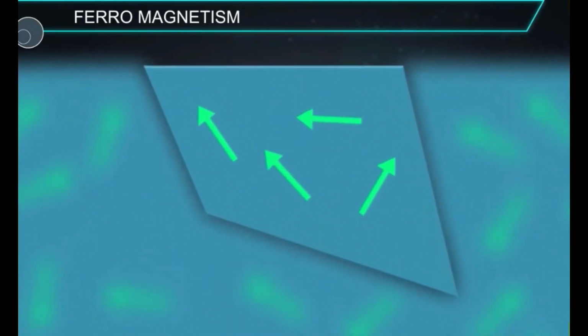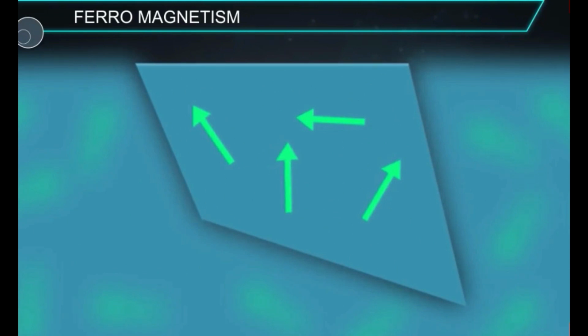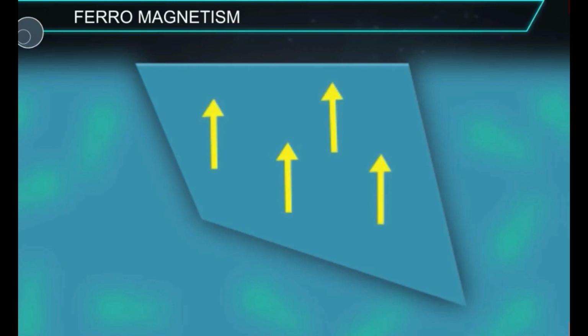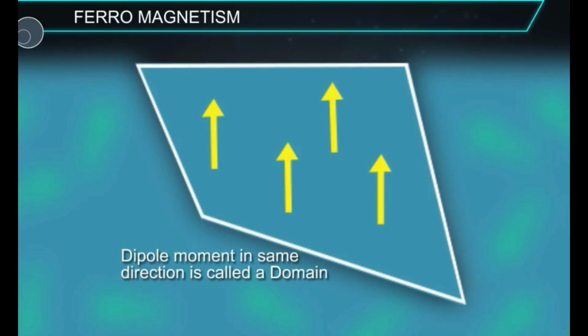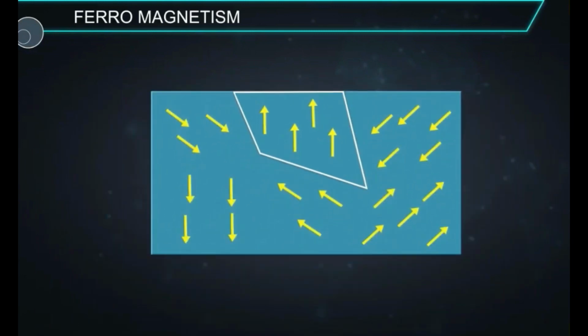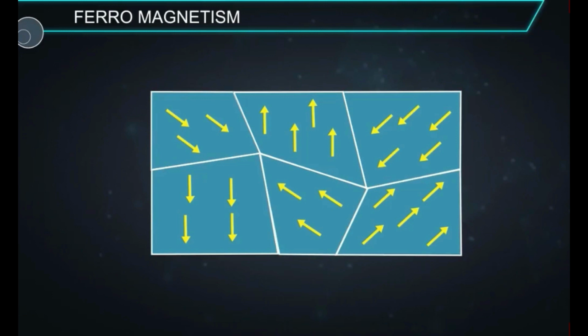The dipole moment of one electron strongly interacts with the dipole moment of the neighboring atoms and aligns themselves in a common direction. This small group of atoms with dipole moments in the same direction is called a domain. A ferromagnetic material as a whole is made up of a very large number of such domains.